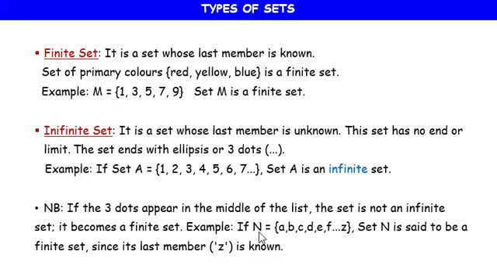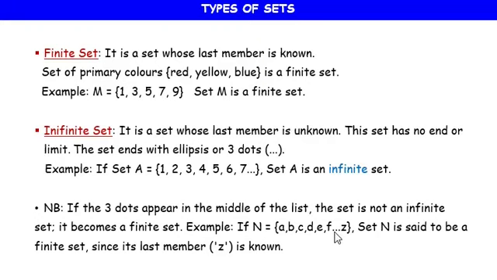If we have set N equal to A, B, C, D, E, F, and then we have our ellipsis and then Z. Now this set does not become an infinite set. It is a finite set because we know the last member, and that is Z. The ellipsis in between the F and the Z is only telling us that there are more members that perhaps, because of time, we cannot list.